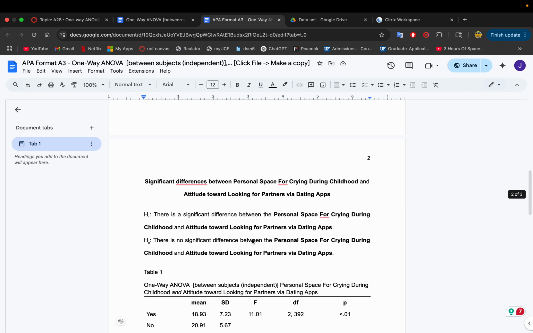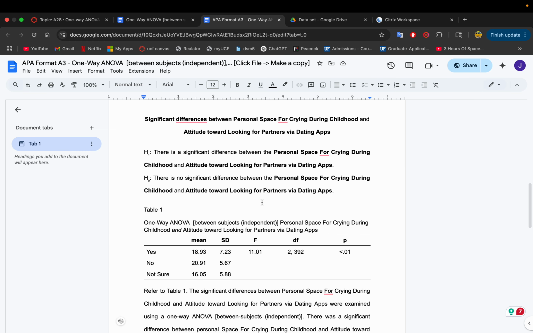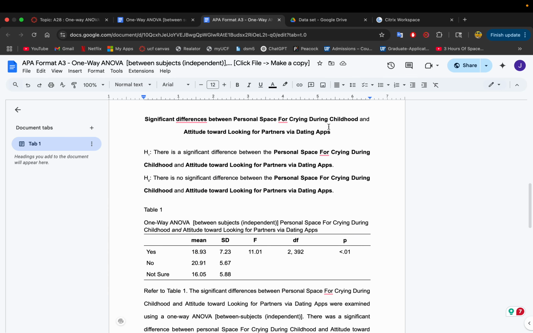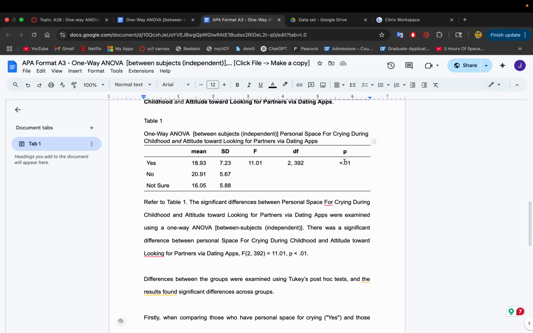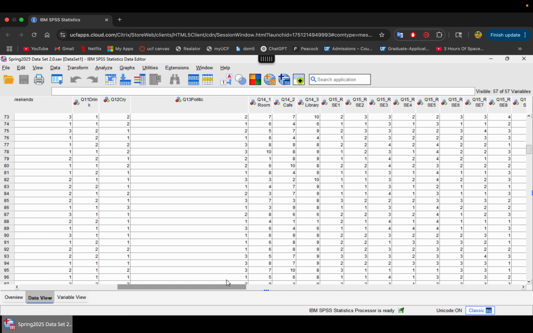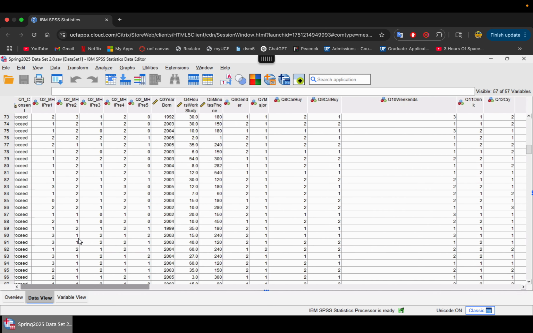So let's check this out in SPSS. Let's see how to run it, and then let's also see how to write it in APA format, just like this on the table. So let's go to this data set, and mine is all set up here.